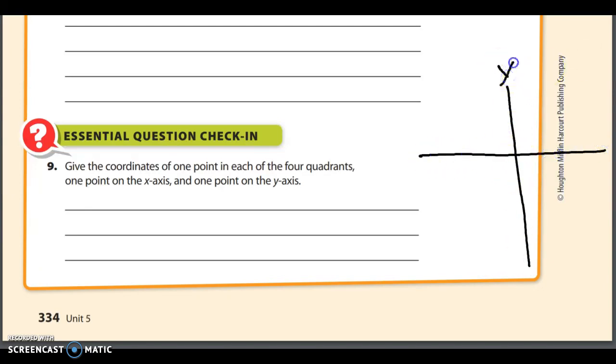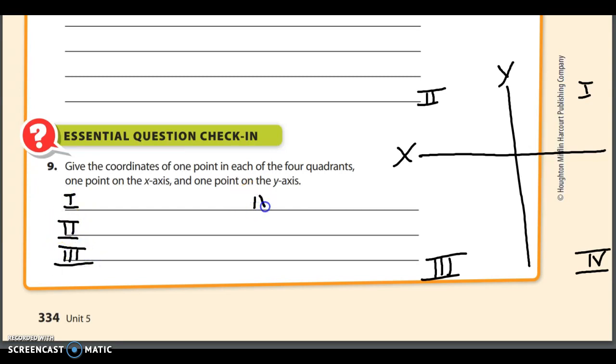So this is the y, this is the x, this is quadrant 1, this is quadrant 2, this is quadrant 3, and this is quadrant 4. And so I'm going to just do it this way. Quadrant 1, quadrant 2, quadrant 3, quadrant 4, the x, and the y.